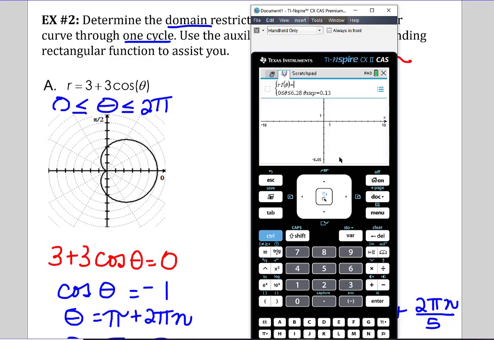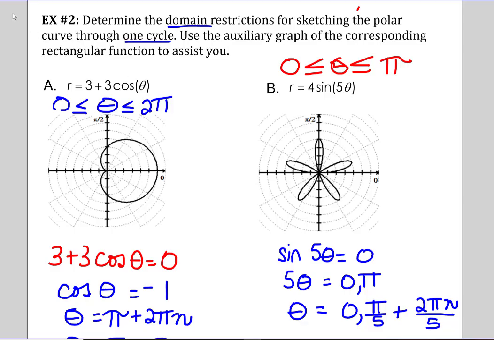We want to be in polar mode. 4 times the sine of 5 theta, and I want to try my interval being not 2 pi, but I believe we can graph the entire function in pi radians. And it's a 5-petal rose curve, and it takes pi radians to graph that. So much for the domain. Now we have 4 more to practice with.